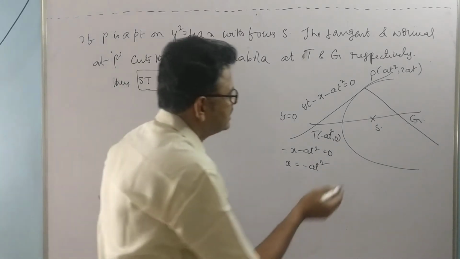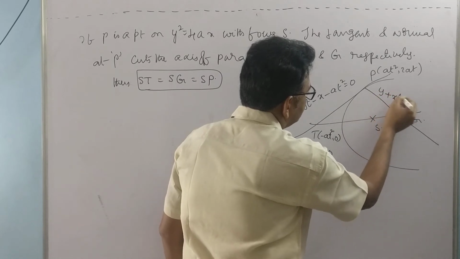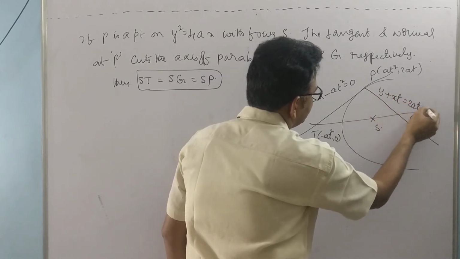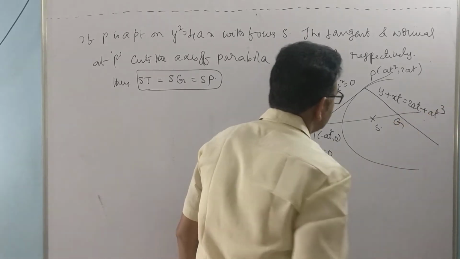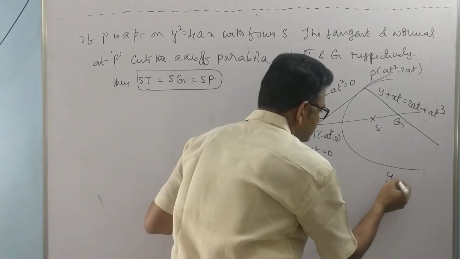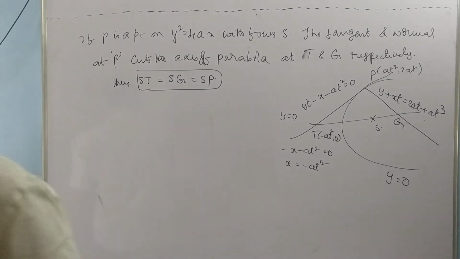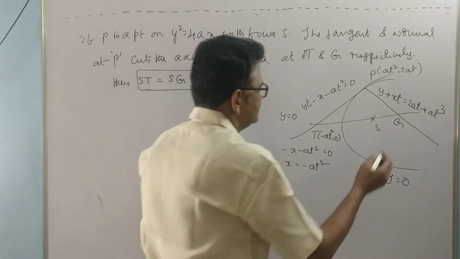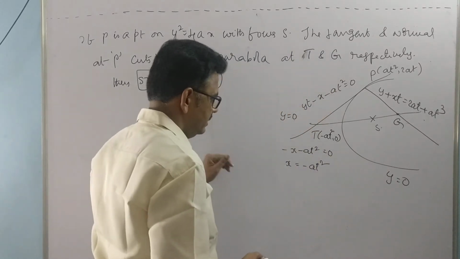And the normal equation at the point P is y plus xt is equal to 2at plus at cube. The normal meets the x-axis in G. That means there also put y equal to 0.